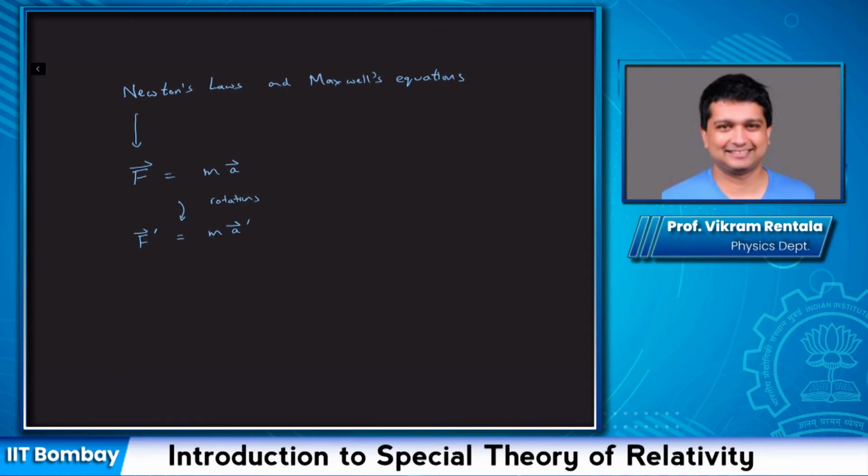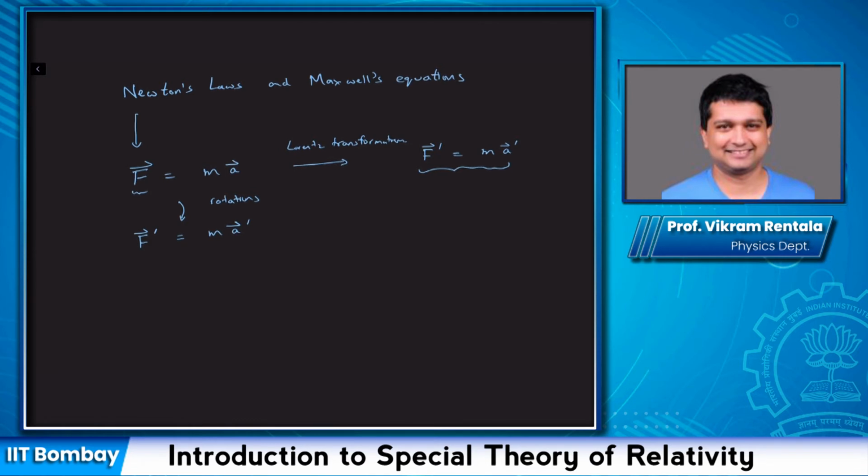However, under Lorentz transformation, what we would need for the law to retain its same form is that the dictionary should tell us that the force transforms to some f prime and the acceleration transforms to some a prime. Let's assume m is the rest mass, so it doesn't transform, in such a way that the form of the equation is preserved.